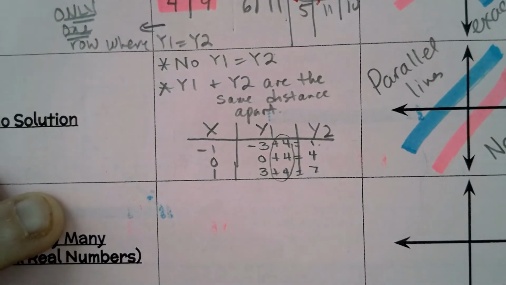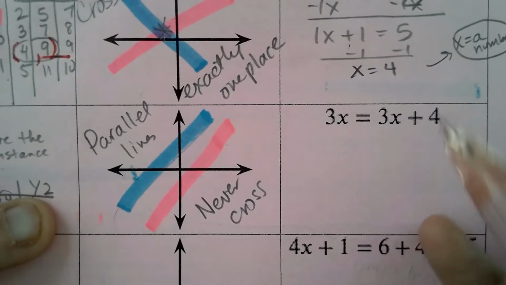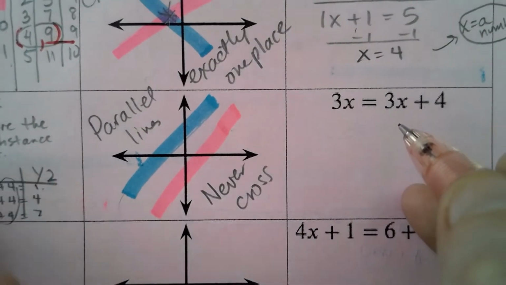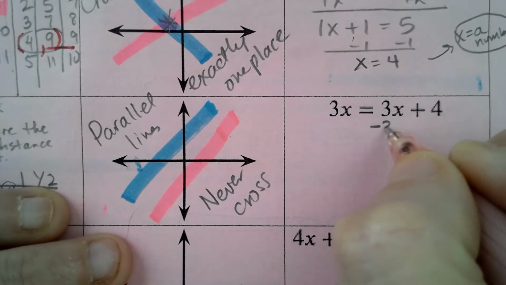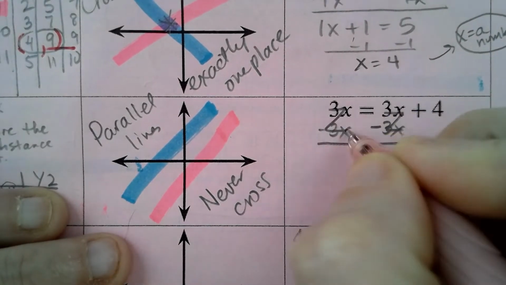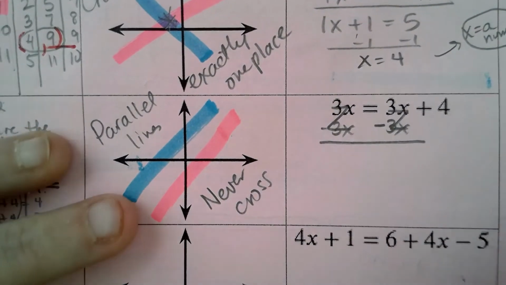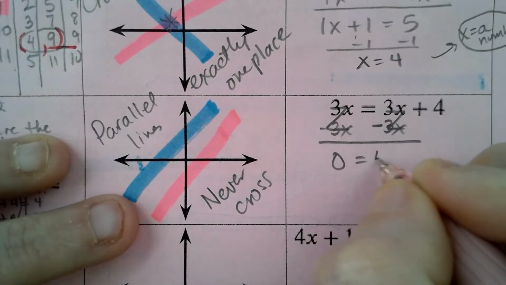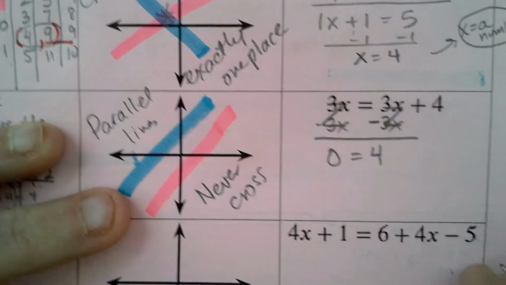Okay, so when we solve this equation with no solution, if I subtract 3x from both sides, because I'm trying to move all my x's together, they both zero out on both sides. So that leaves me 0 equals 4, which is not true.